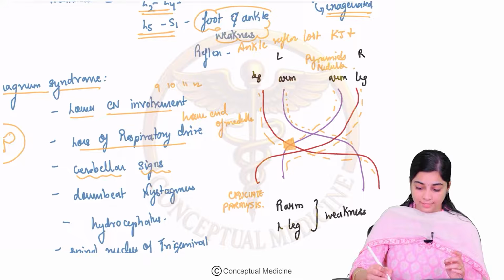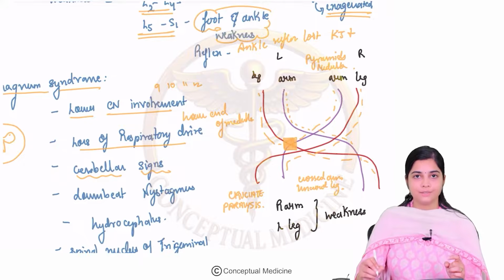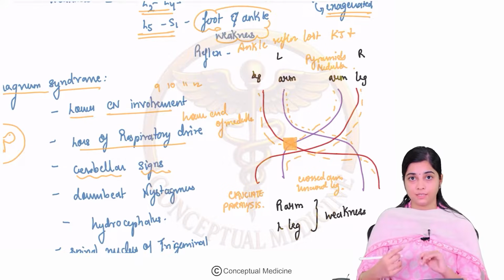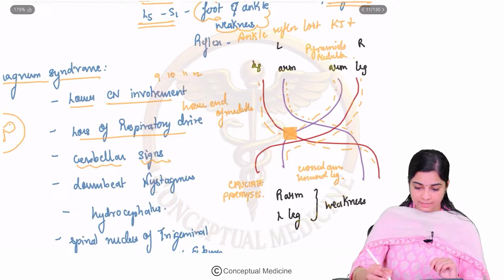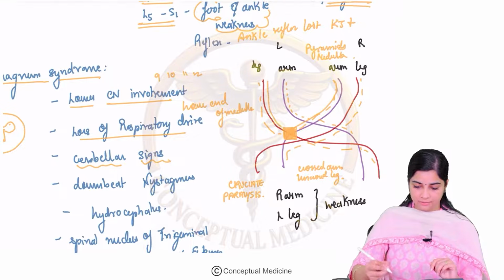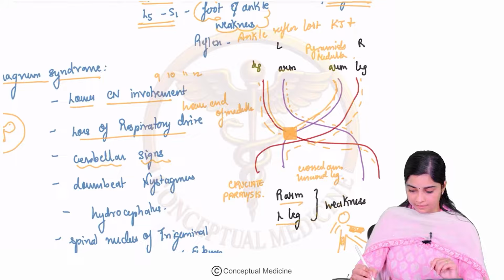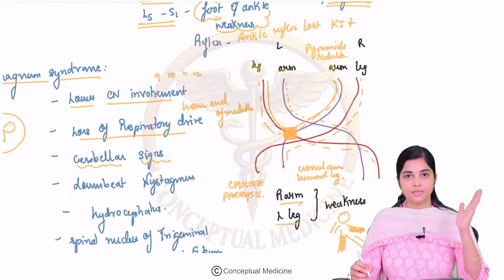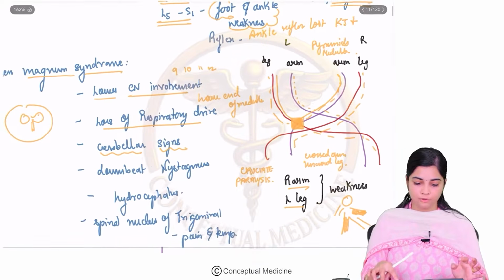So if there is a damage at the level of foramen magnum which is going to affect the crossed arm fibers and the uncrossed leg fibers, then you can see that here the right arm and the left leg is going to get affected. Very peculiar type of paralysis, right arm left leg paralysis called cruciate paralysis, which is seen in your foramen magnum syndromes.